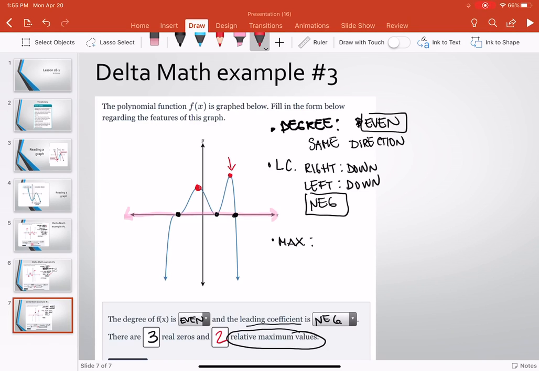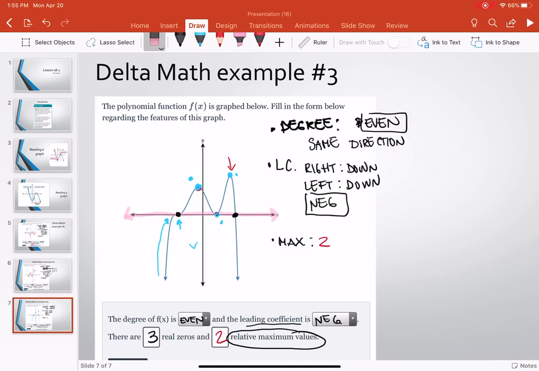That means it's the highest one, okay? So how many maximums do I have? 2. But how many relative? If I had relative, it would mean 1, 2, 3: max, minimum, maximum. This one wouldn't count because it's not going from increasing and then changes to decreasing.